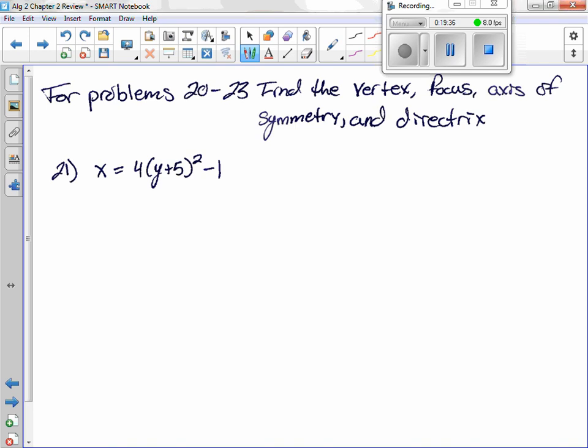I want to look at this one here. So what we did on the first one, where we found the vertex, axis of symmetry, directrix, and the focus, we found a lot of it at 0. It's similar to what we're going to do here, except the vertex isn't 0, 0. So what's the value of h for this one here?